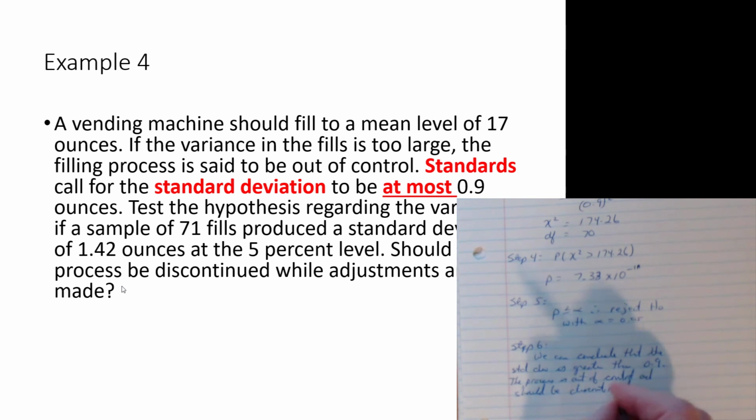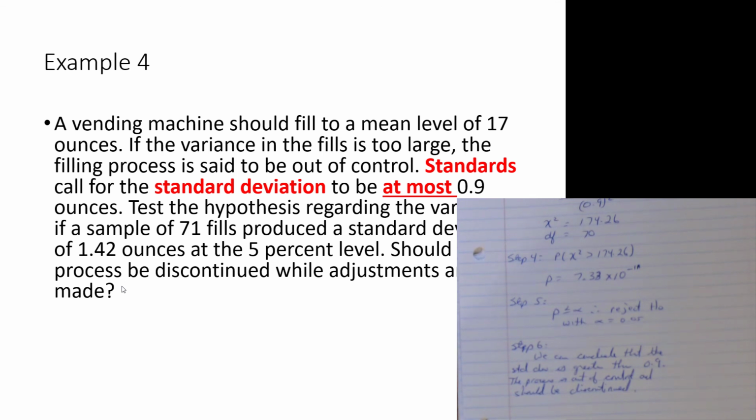Feel free to play back the sound, because my handwriting is basically in code. So what it says is we can conclude that the standard deviation is greater than 0.9, because remember we've accepted HA. The process is out of control and should be discontinued.